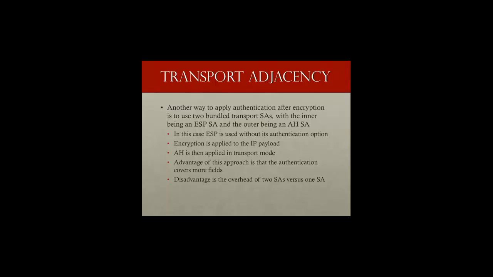The resulting packet consists of an IP header and possibly IPv6 header extension, followed by an ESP. AH is then applied in transport mode so that the authentication covers the ESP plus the original IP header and extensions, except for mutable fields, which are the ones that are changeable.